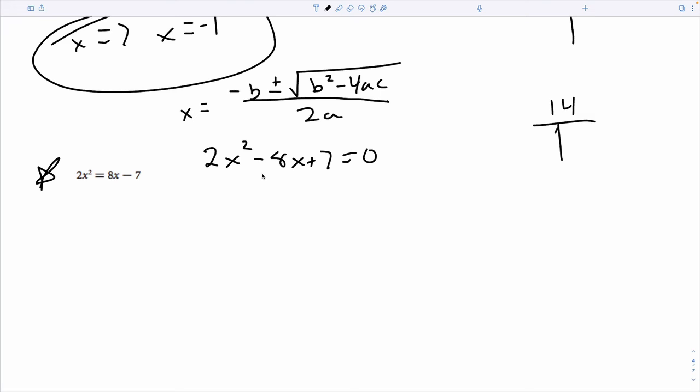Because I was actually looking at my paper, trying to figure it out. Yes, you do.